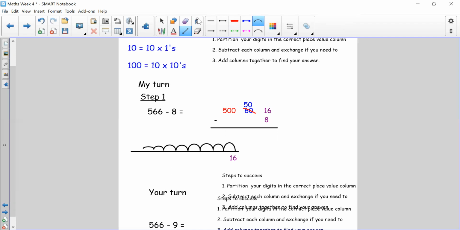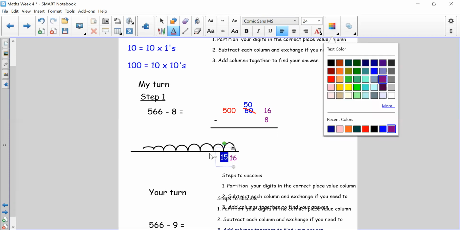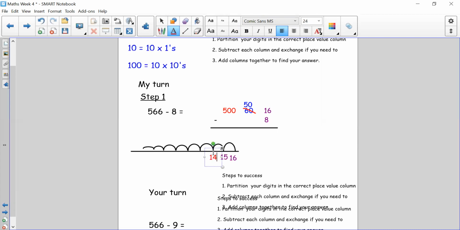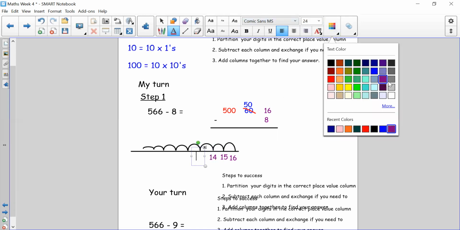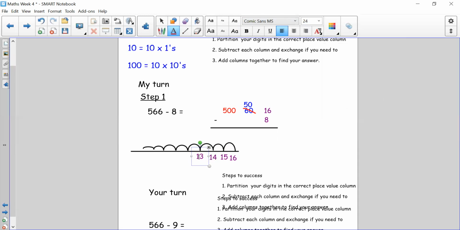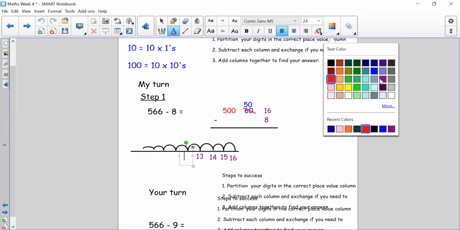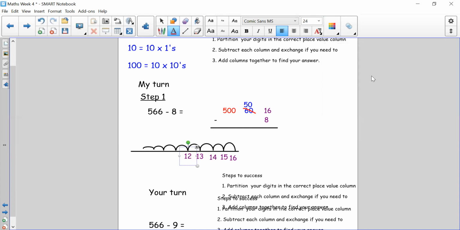So let's make sure that we do this correctly. 16 take 1 is 15, 14, 13, 12, 11, 10, 9, 8. I'm going to end on 8.